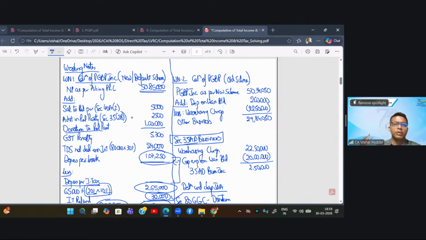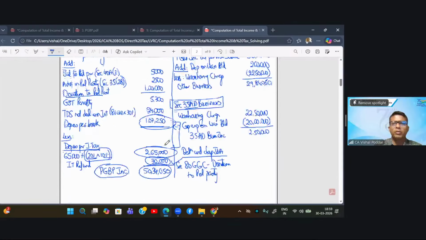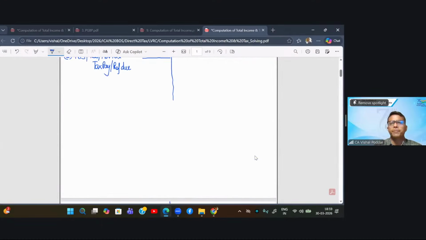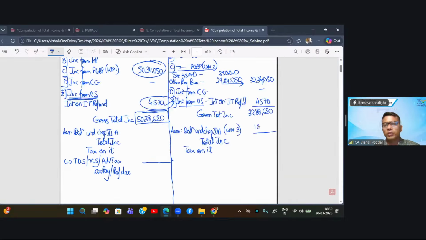And since we were in the new scheme, that is not allowed as deduction under chapter 6A also, but under the old scheme, it will be allowed as deduction here. So the deduction which you have under chapter 6A is this. Let me call it working note 3. So 1 lakh is my deduction here. So my final taxable income is 3188, 620.